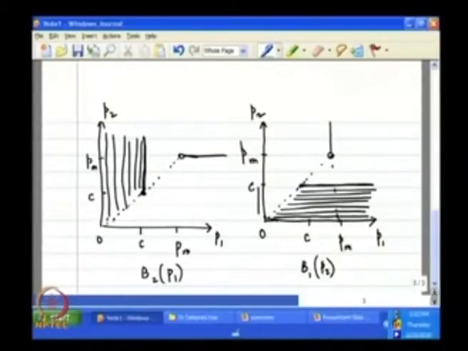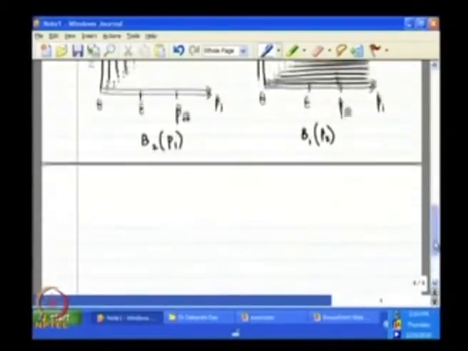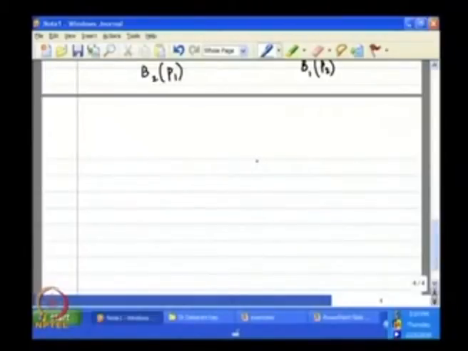And as we have just discussed before, how to find out the Nash equilibrium? Nash equilibrium is situated at the intersection point of these two sets of functions, so by examining these two and superimposing one on the other, I can figure out that this is CC, this is PM.